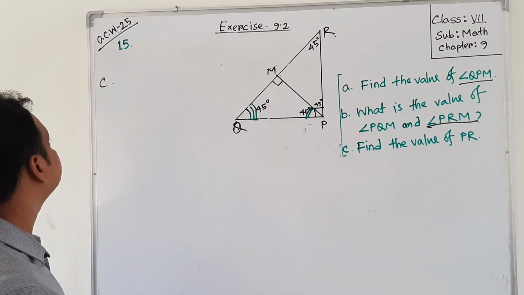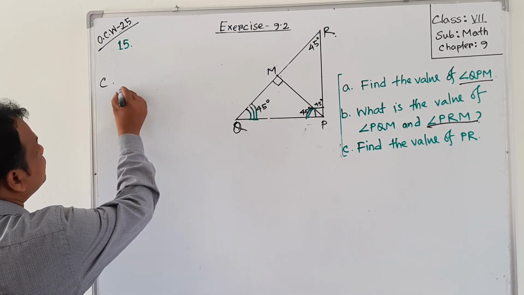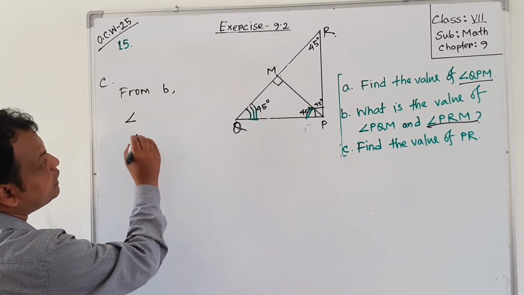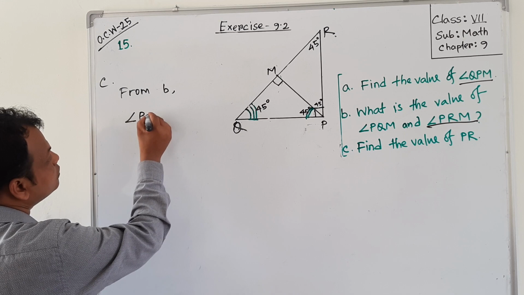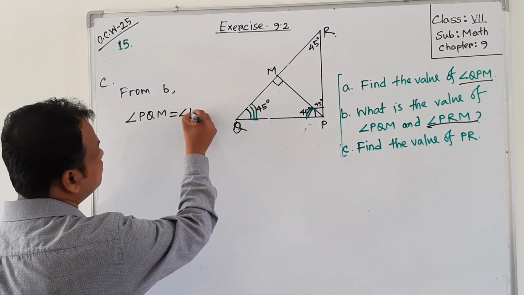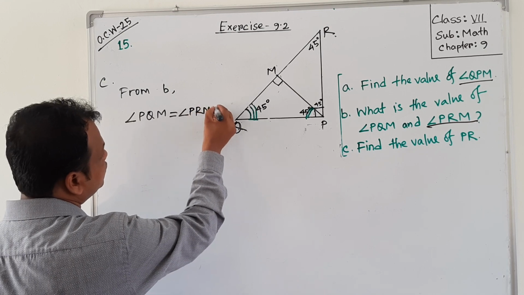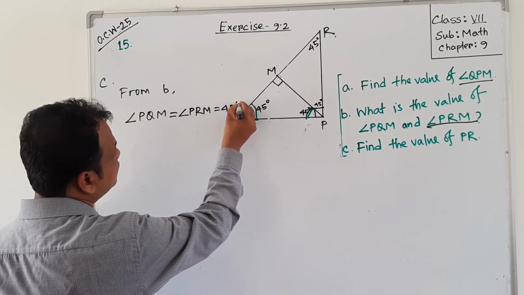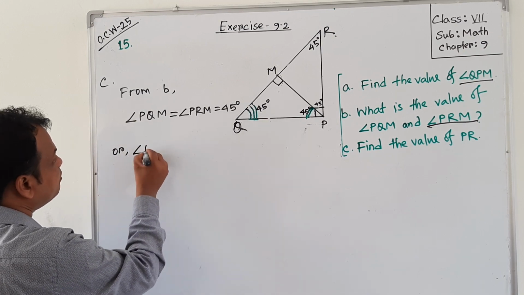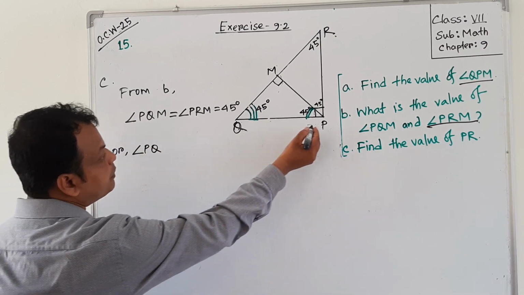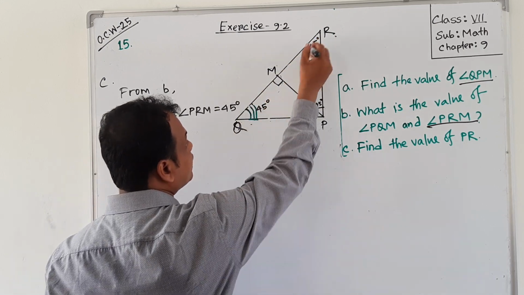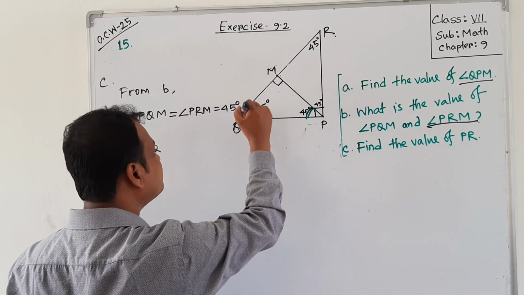We'll write the proof from B. Angle PQM equals angle PRM equals 45 degrees. From the figure we can tell PQM, we can extend PQR, so this angle indicates the same angle.